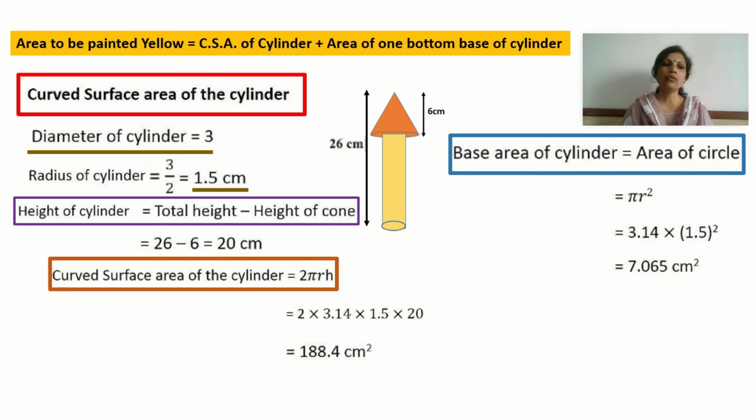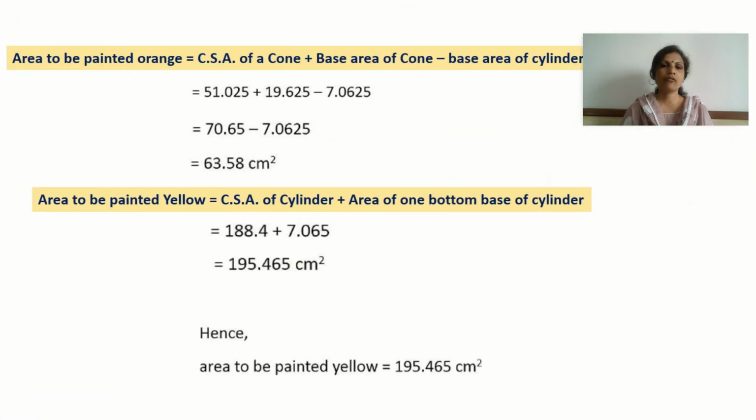Let's now find out area to be painted orange. That's the area of the conical part of the toy, that is curved surface area of the cone plus base area of the cone and minus base area of cylinder. You have to subtract from this. Substitute the values. Curved surface area of cone is 51.025.